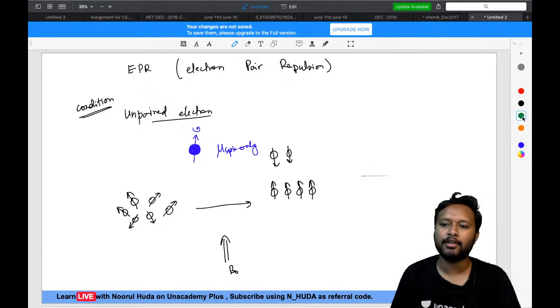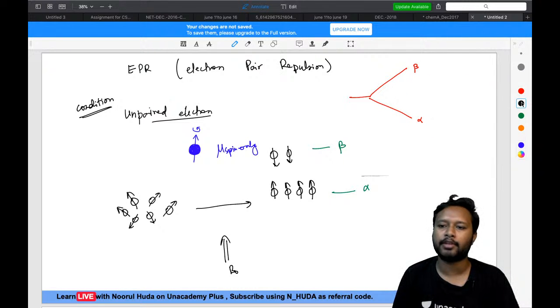Once we have got these two states, let's call them alpha and beta states. The principle is quite similar to NMR spectroscopy, which I know most of you have studied. That means in the presence of an external magnetic field, the electronic spin states are going to split into two energy levels, alpha level and beta level.